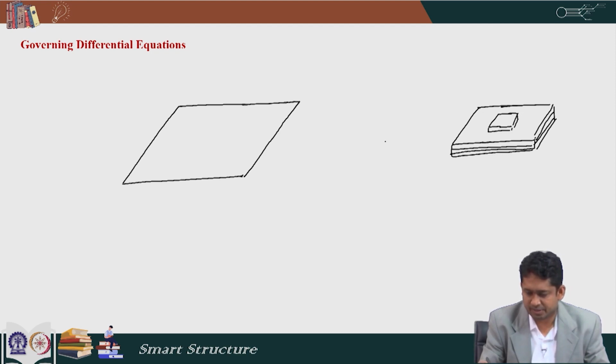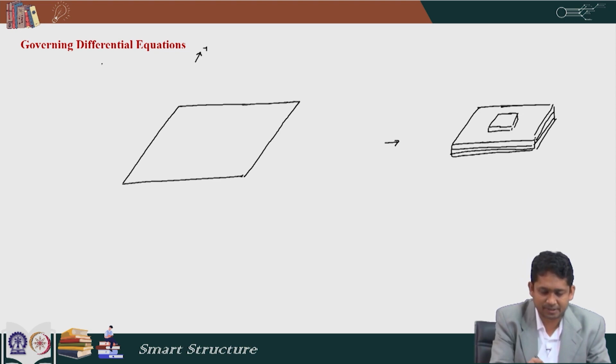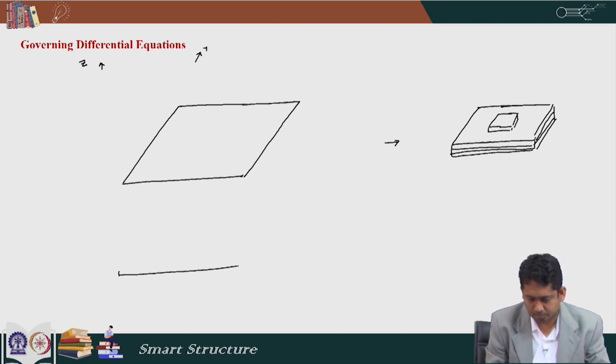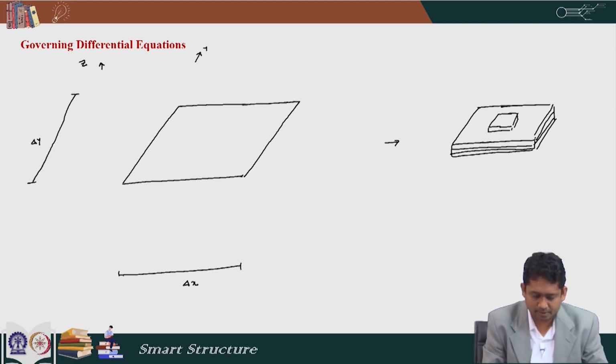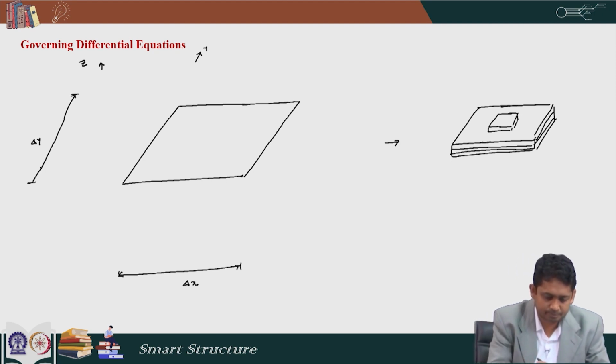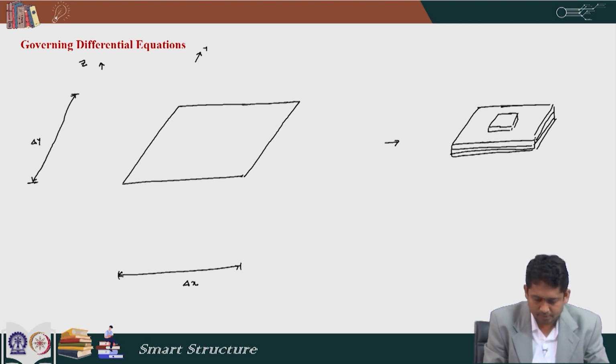So, let us denote this as my x axis, y axis, and vertically up z axis, and this small part can have a length of delta x, and a length of delta y. And this laminate can be subjected to various in plane and out of plane forces also.